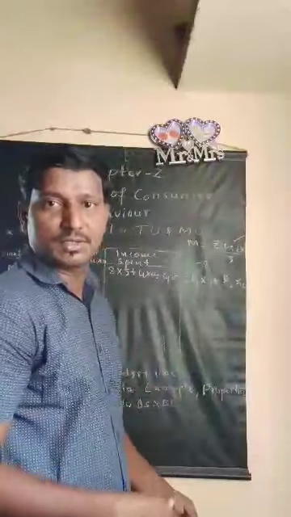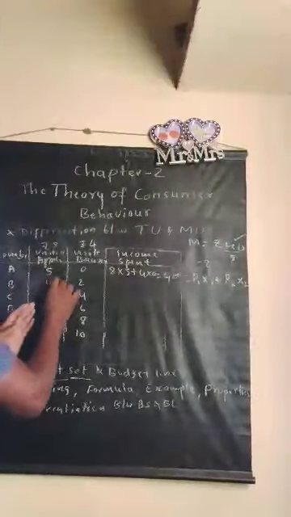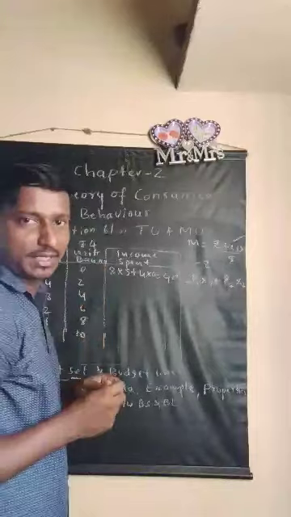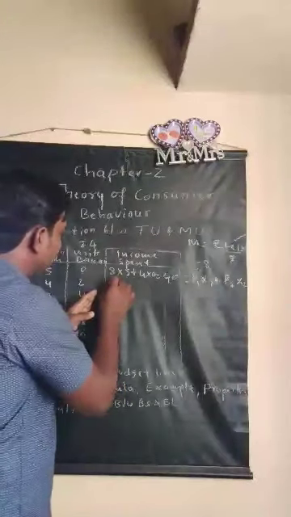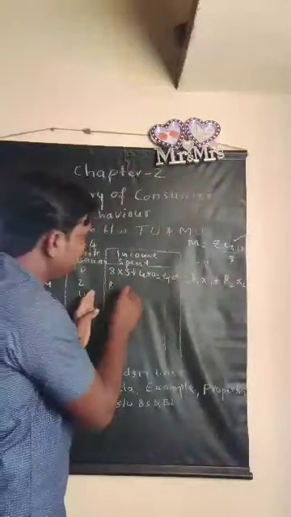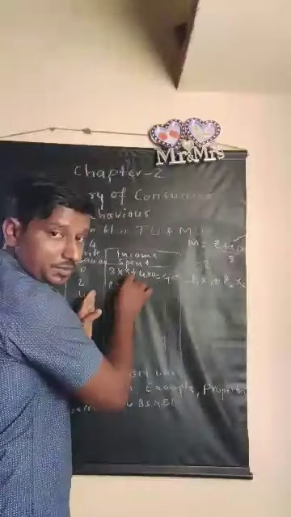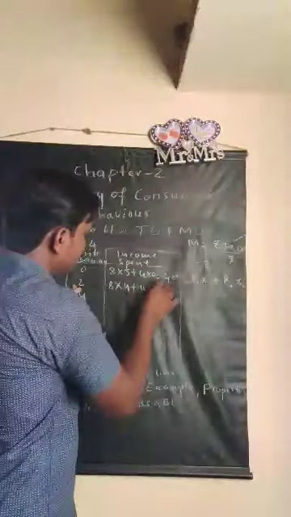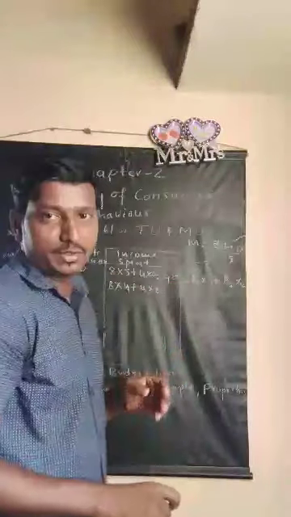Coming to combination number 2, that is B. At option B, we are purchasing 4 units of apple and 2 units of banana. The price of apple is 8 and the price of banana is 4, and 2 bananas we are going to purchase.